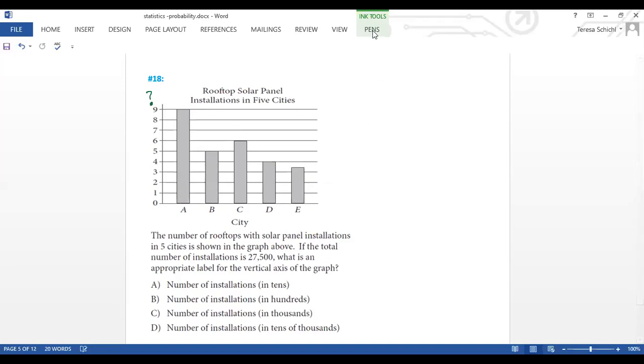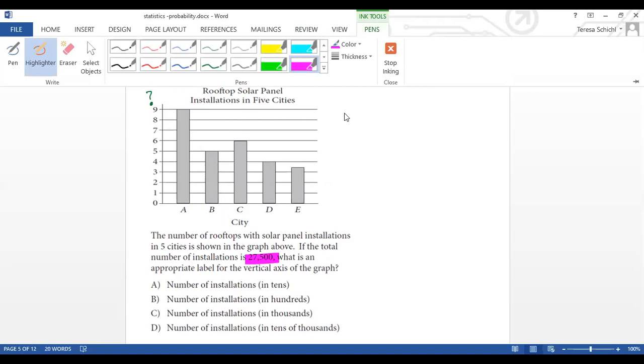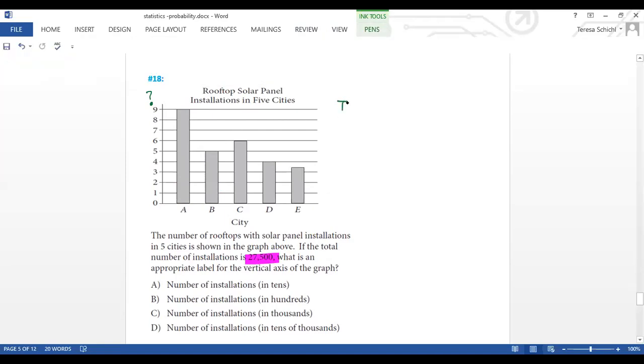So let's say the total I have is 27,500. Let's try to add up the graph. The first one here is 9. Plus the second one is 5. The third one is 6. D is 4, right?